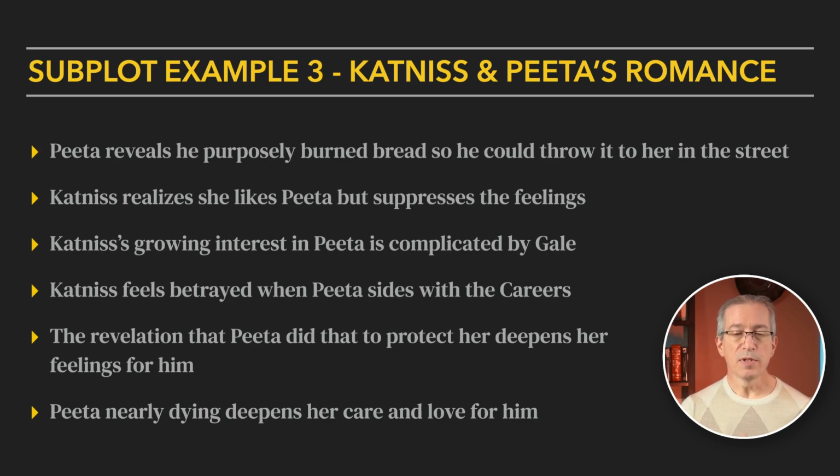She feels deeply betrayed when they enter the arena, and she sees Peeta with the careers working against her, she thinks. And then the revelation that Peeta did that to protect her deepens her feelings for him. Later on, they find one another, and being together and Peeta nearly dying at one point deepens her care and love for him. So you can see how this isn't the main story per se, but it's definitely related and it has its own arc. So that's the third example of a subplot.